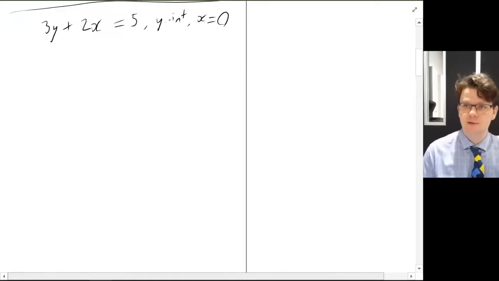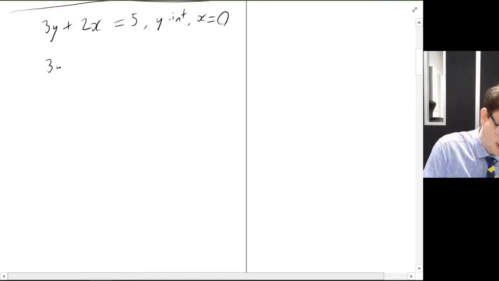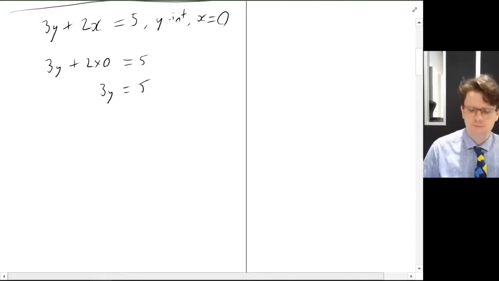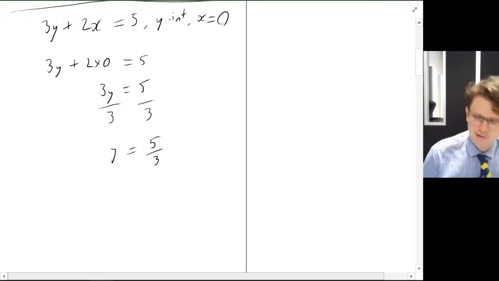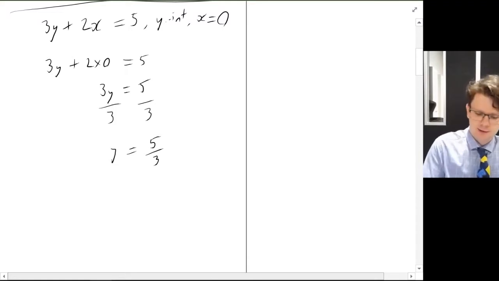And I can still use that definition here to help. So in this case, I'm going to get 3y plus 2 times 0 equals 5. Well, 2 times 0 is 0. 3y is equal to 5. Divide both sides by 3. And I get that y is equal to 5/3. That's my y-intercept. Okay?